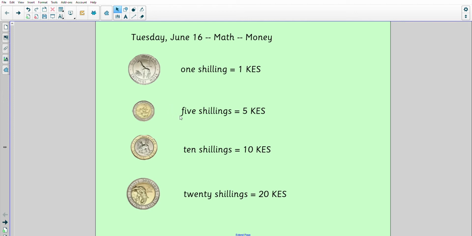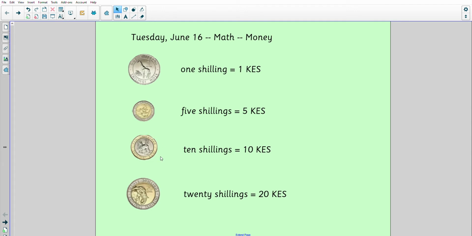Our second coin is the 5 shilling coin. This has a rhinoceros. We can write 5 shillings in words, and that's equal to the number 5, KES, Kenyan shillings. Our next coin is the 10 shilling coin.